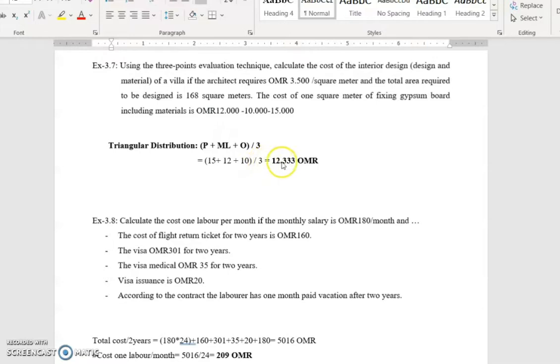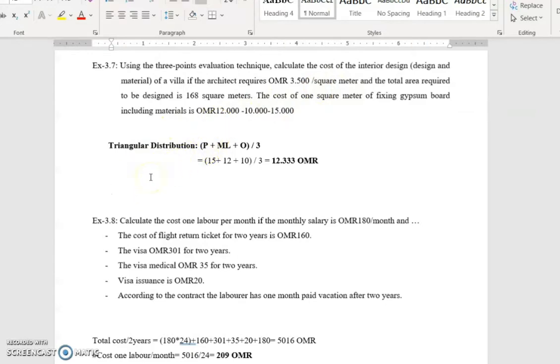Divided by 3, it will be 12.333. So this is the price, or the estimated cost for the apply and supply of gypsum board, which is called material and installation.